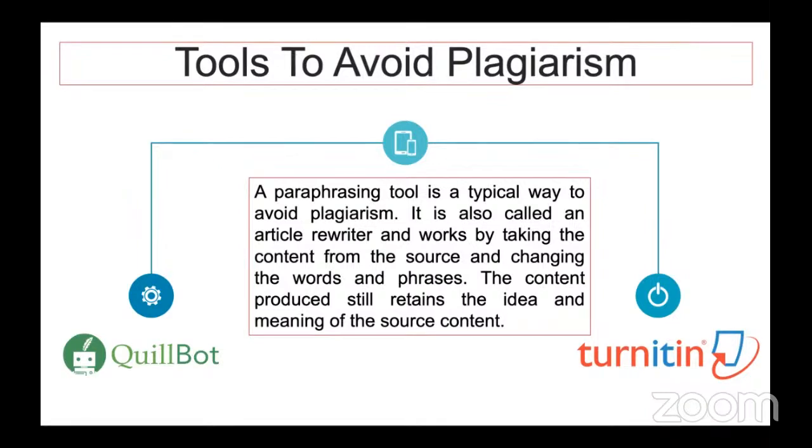Other than that, there is Quillbot. This is one of the best tools available for paraphrasing. Turnitin is another tool, but normally Turnitin is available on an organization basis. On an individual basis, there are no license keys available. So you can go ahead with Quillbot. I personally use this one. This tool is good, and a basic version is also available. You just need to sign up with Quillbot, and you can use it at the basic level easily.